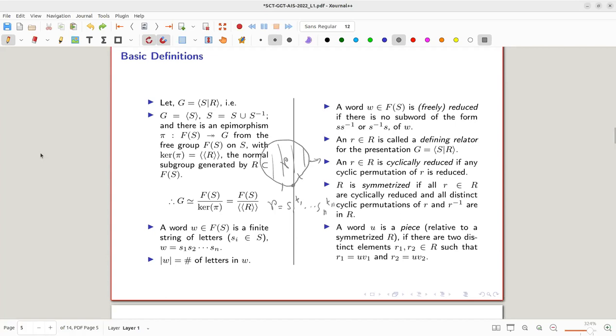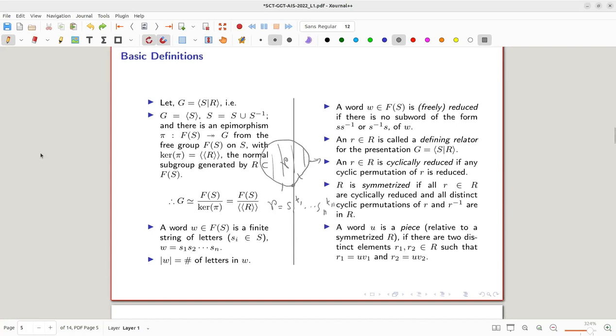The subword is the same, but it is present in two distinct ways in the relators. That implies when I take the relators and their conjugates, and relators and their inverses and their conjugates, and take products of them, there can be cancellations among the relators and their cyclic permutations.